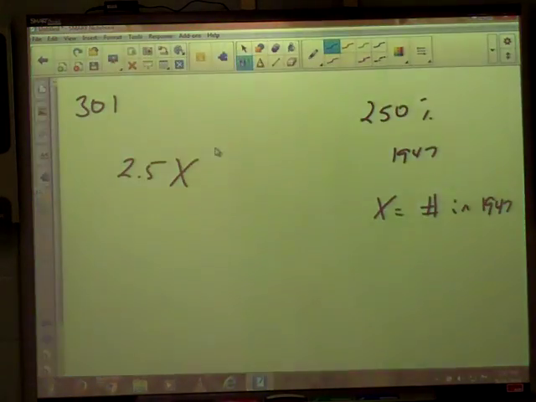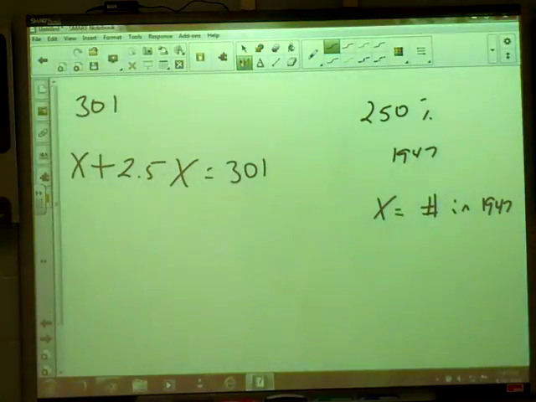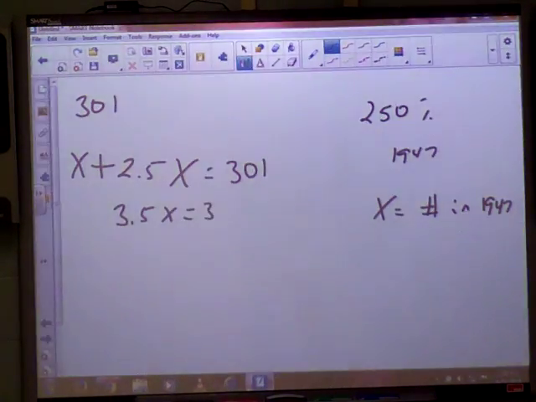It's going to be equal to 301, that's my total. What I'm missing is the number of area codes in 1947, plus the number of area codes in 2002 for my total of 301. So what is that? 1x plus 2.5x will get me 3.5x. Just a one step to solve that.